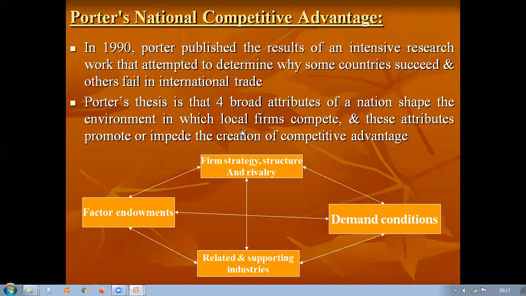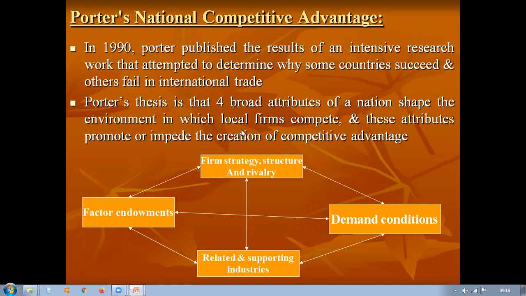You are looking at this: firm strategy, structure and rivalry, factor endowment, related and supporting industries, demand conditions. These are the four factors in the diamond shape. Porter's thesis is that four broad attributes of a nation shape the environment in which local firms compete, and these attributes promote or impede the creation of a competitive advantage for the country or organization.